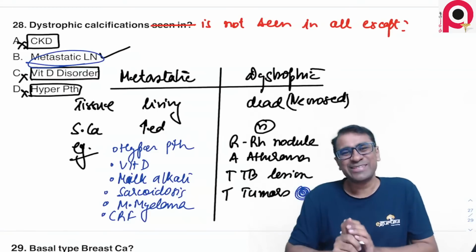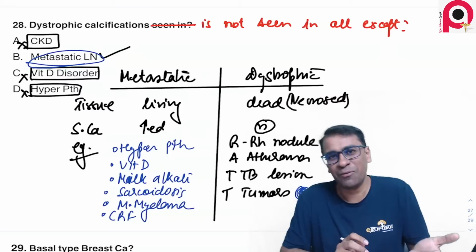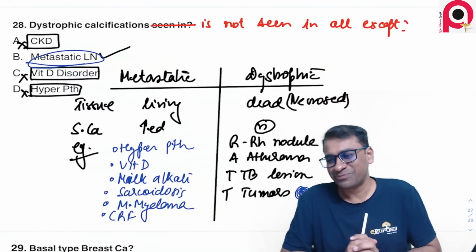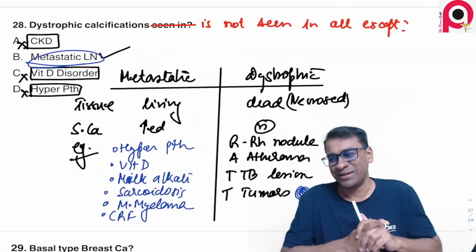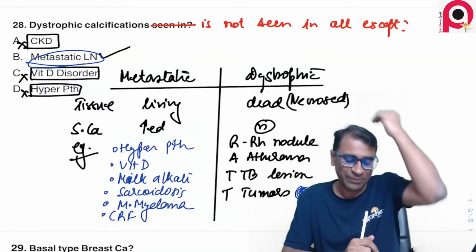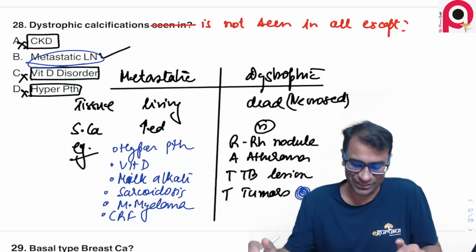So this would be again the same thing only, and "not seen in all except" means where it is seen, and the answer would be metastatic lymph node. I'm not sure exactly how the question would be, but if you can get the right explanation, please let me know. I'll incorporate that too in the next recall session.